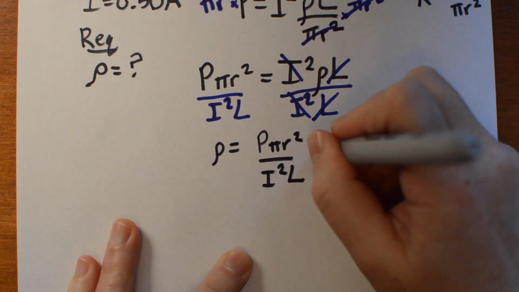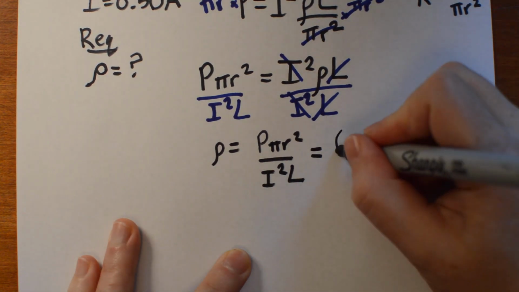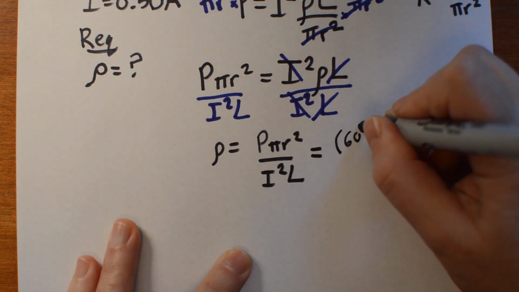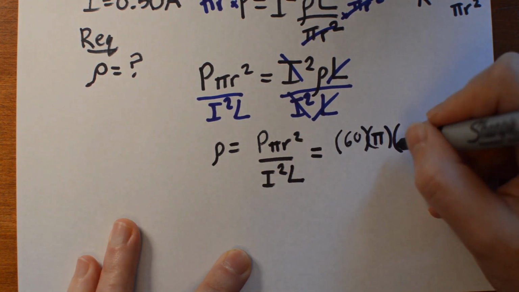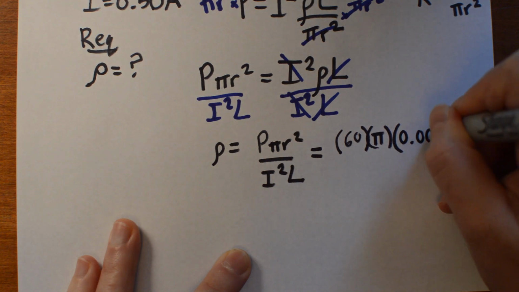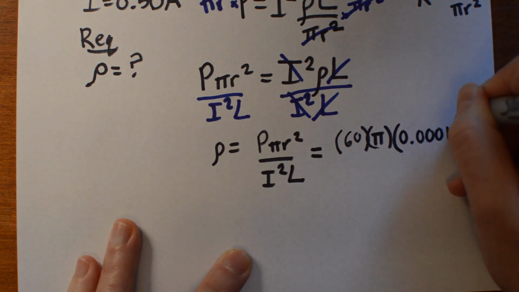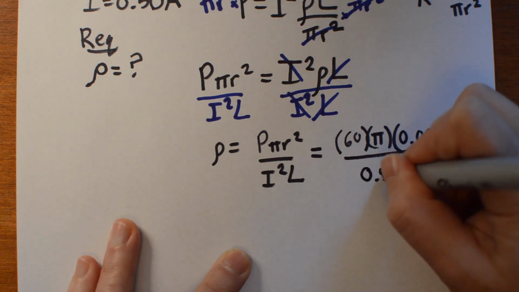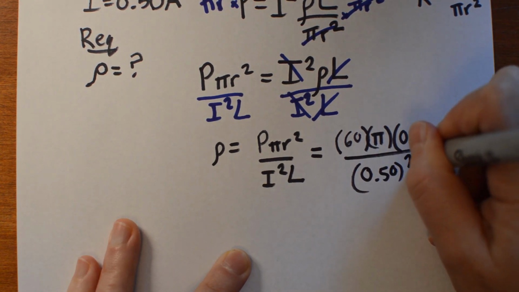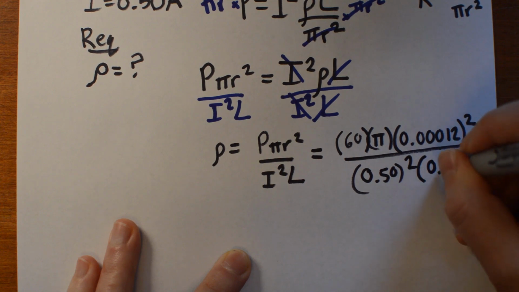Let's plug all of our numbers in here. Power is 60 watts, then we've got pi, then the radius squared, 0.00012 squared, divided by the current squared, 0.5 squared, and the length, 0.02.